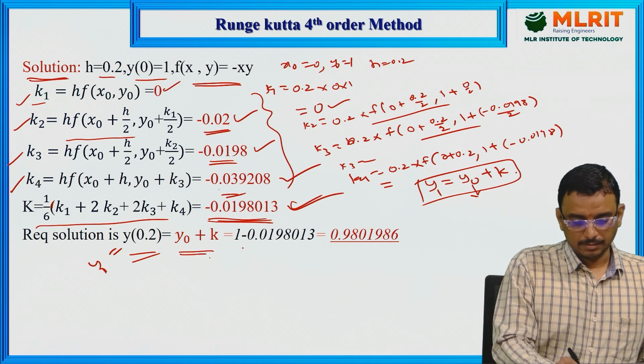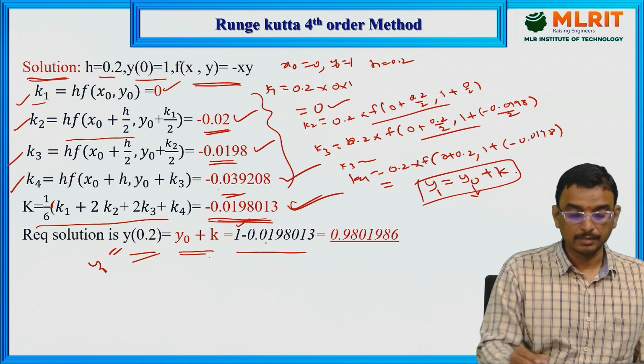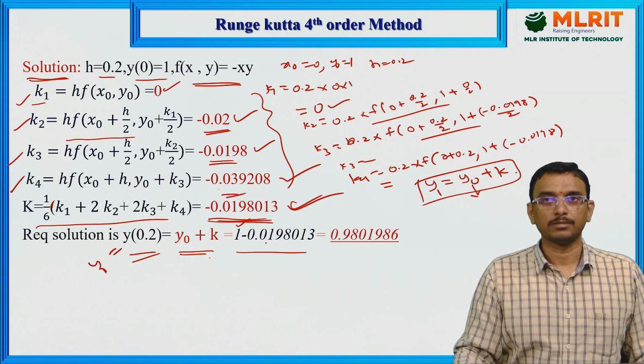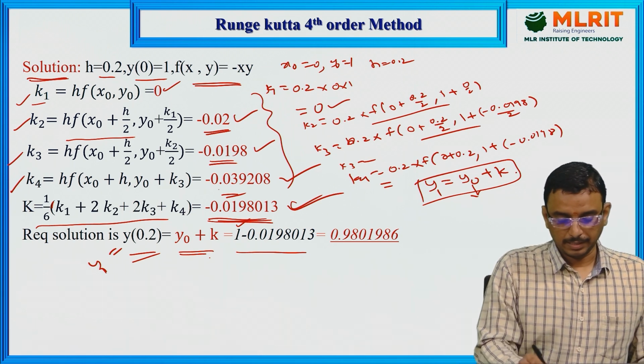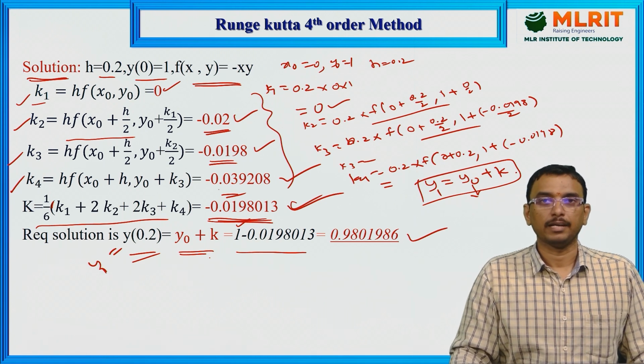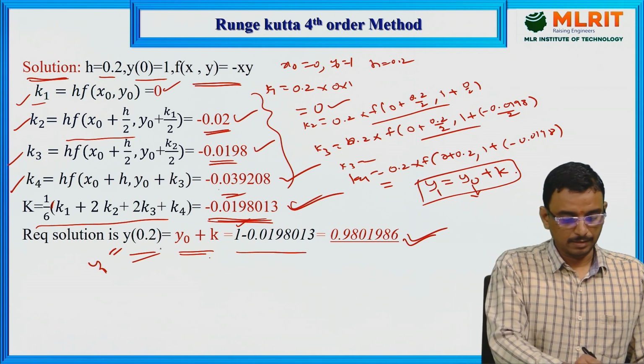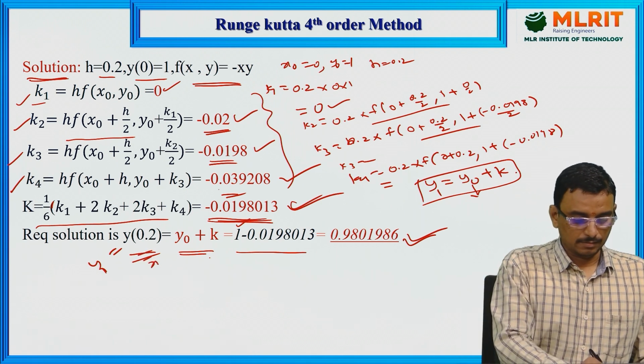What is y naught? 1 minus the k value 0.0198013. By subtracting this, we'll get 0.9801986. So this is the required solution of y of 0.2. So this is x1 and this is y1.